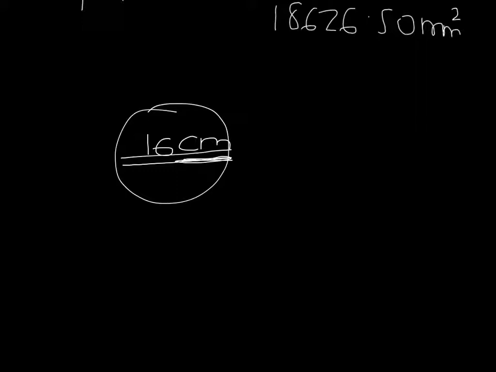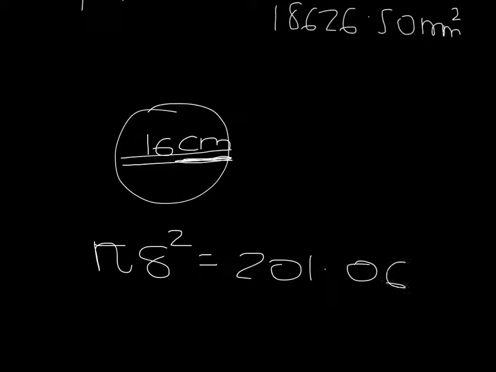So you're going to go pi, radius is 8 squared, equals, put that into your calculator, and you'll get 201.061, carries on and on. We look at the second decimal, can the next digit make it bigger? No, it can't, so he dies, and that's our answer, 201.06, and of course it'll be centimeters squared.